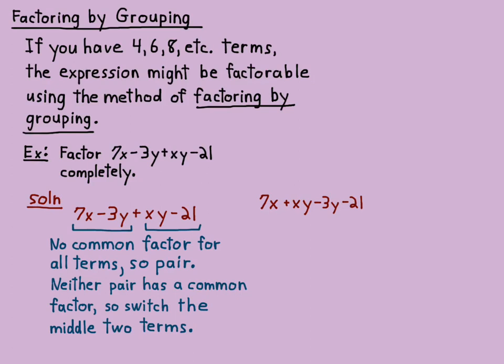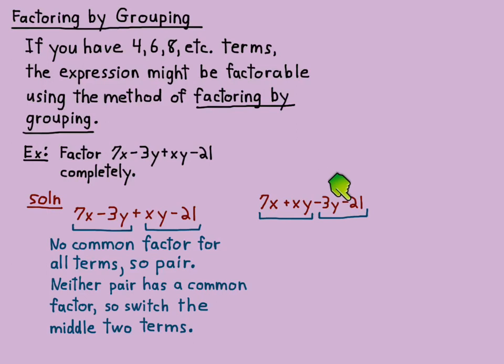Okay, so I switched them, and notice that I had minus 3y over here, and I still have minus 3y, so the minus went with the 3y. This is still plus xy. I just wrote them in a different order. Now you group them like this, and you see, aha. These two have a common factor of x, so I can factor out the x.